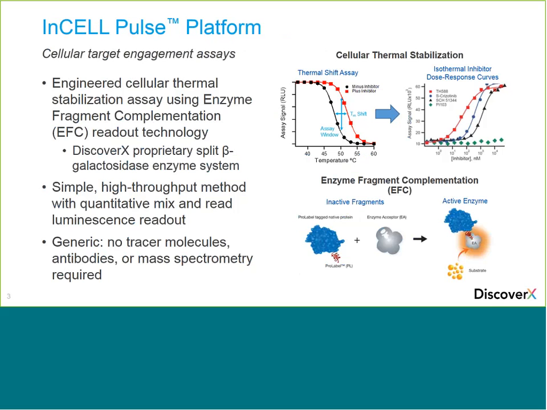So what's our take on this? What have we done? We've developed a platform we call InCELL Pulse. It's a thermodynamic-based assay that takes advantage of the fact that the thermal unfolding of a protein target is altered by the presence of a bound ligand.